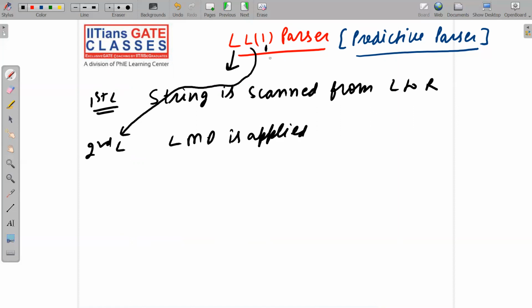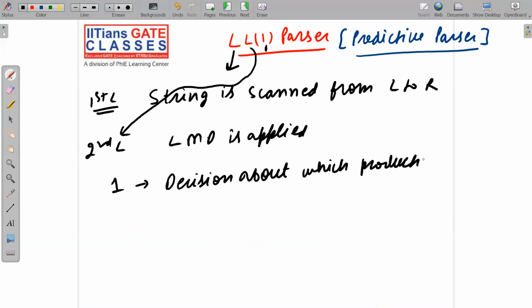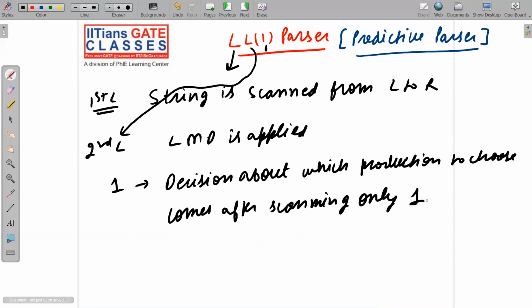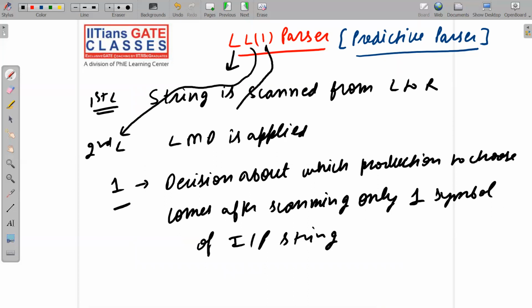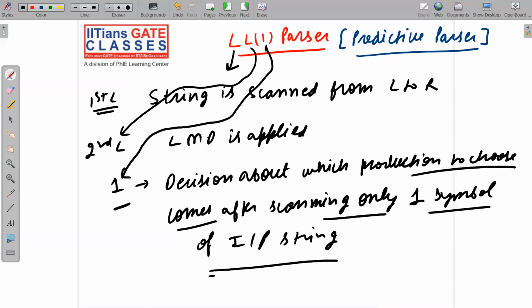And what is this one? This one means the decision about which production to choose comes after scanning only one symbol of the input string.